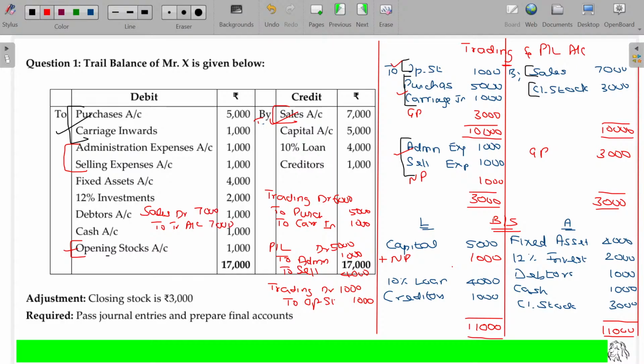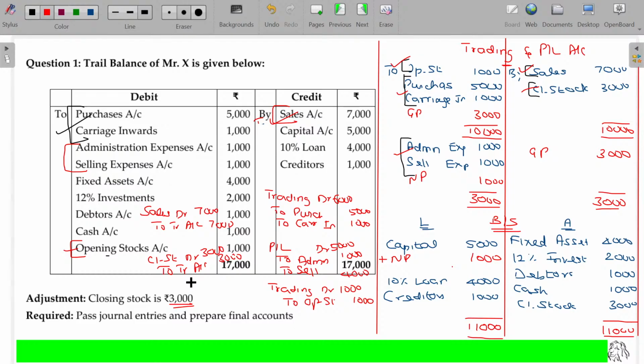So we have passed the entry for this one and this one. Finally, for closing stock, it is going to be posted the credit side of the trading account. So then the entry being here, closing stock account debit to trading account. The value being 3,000.